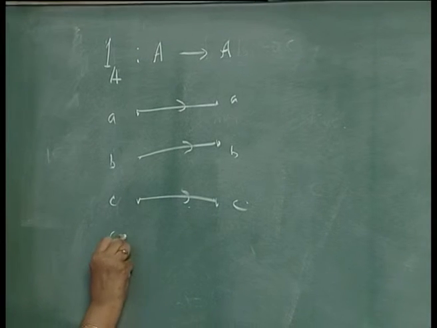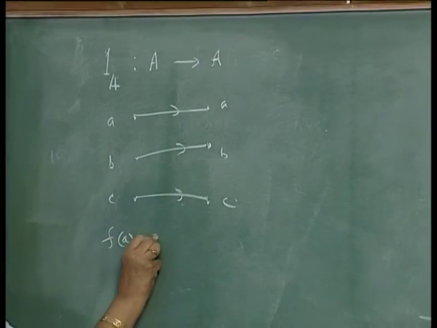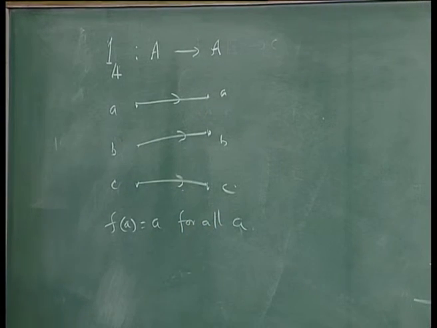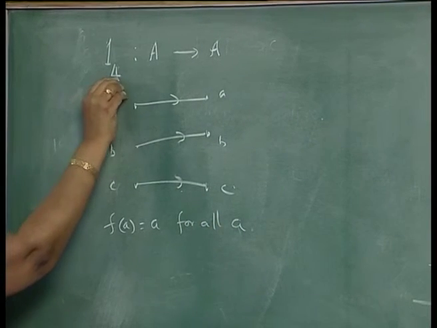This is f(a) is equal to a for all a, and that is called an identity function.